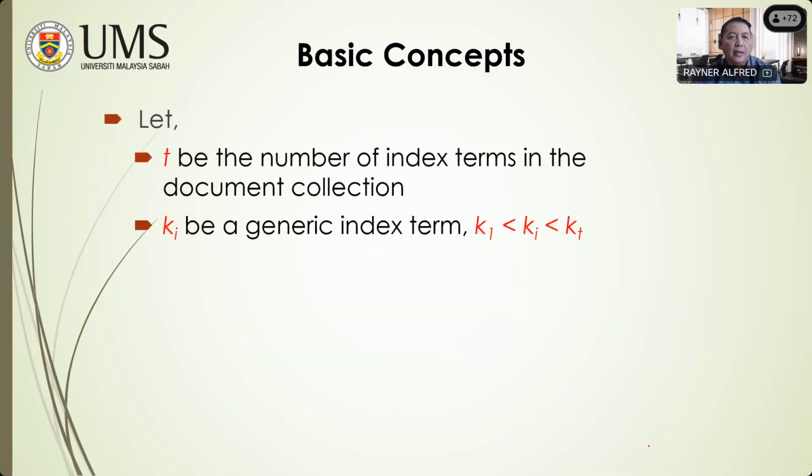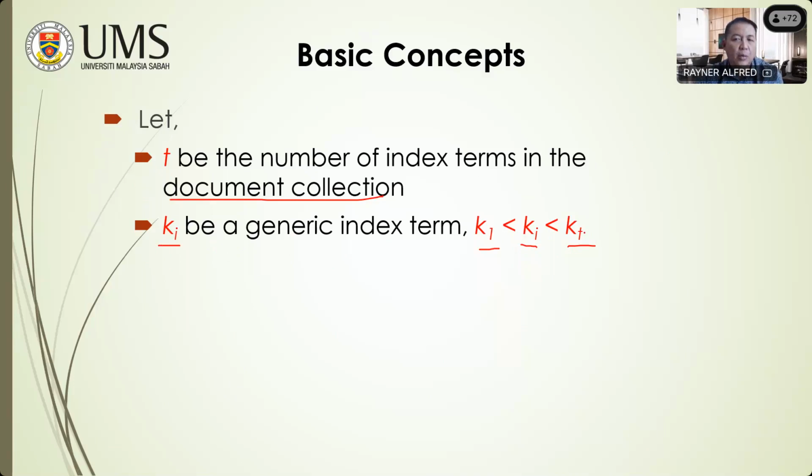Okay, so based on the knowledge that each document will be represented by a set of terms, let T be the number of index terms in the document collection. So if we have the keyword i, the keyword i must be within the first and the last keyword that we have in the vocabulary.